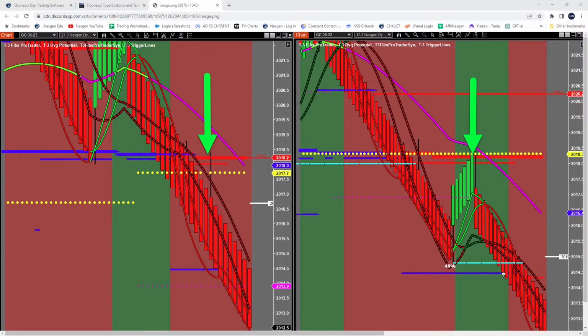Somebody told me the other day, they said, since you only teach on a 13-2-5-1 chart, how do I know if it's a termination condition on a different chart? And the termination conditions are the same no matter what chart you use. The expectation of continuation is the same regardless of the chart you use.